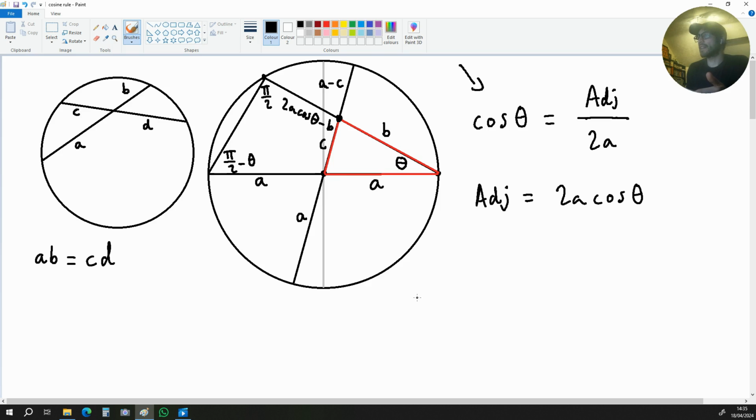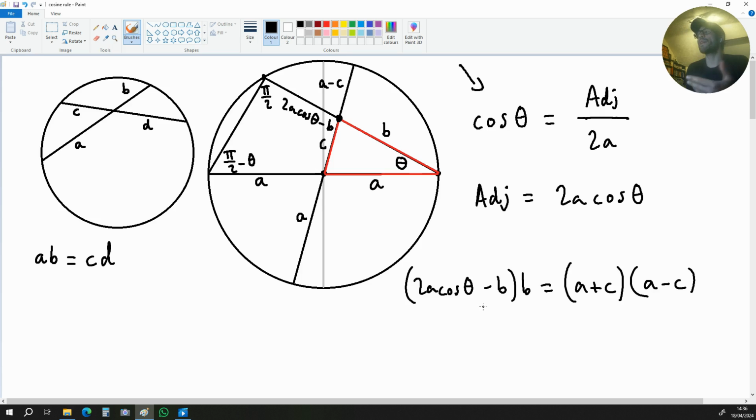It turns out that 2a cos theta minus b in brackets times b is going to be the same as a plus c, which is these two segments over here. So that's a plus c times a minus c, this segment over here.